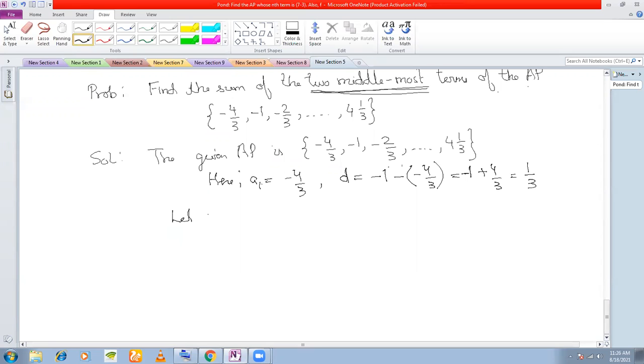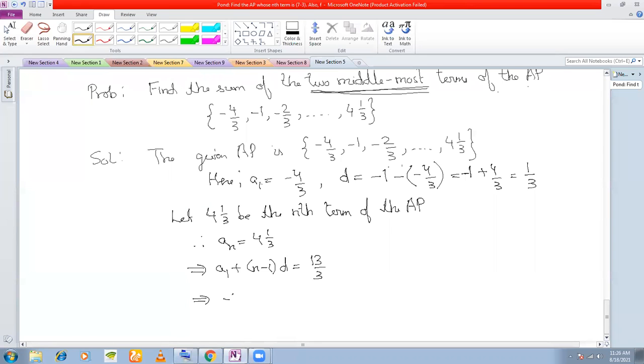Now I say let 4 1/3 be the nth term of the AP. Therefore, An is equal to 4 1/3. Write the formula here. A1 plus n minus 1 into D is equal to, change this mixed fraction to an improper fraction, 13/3.